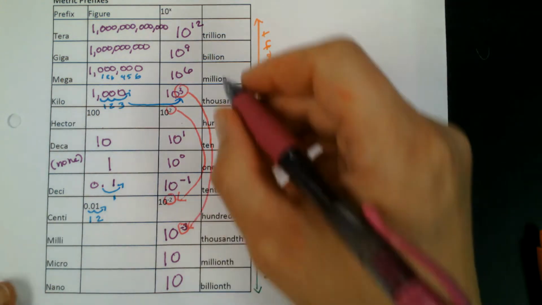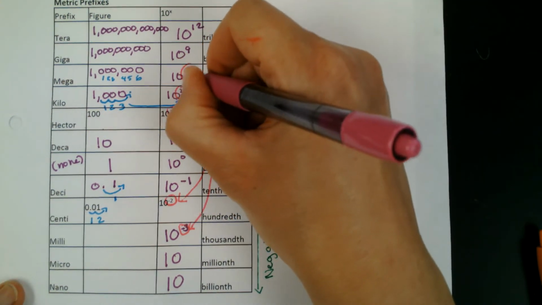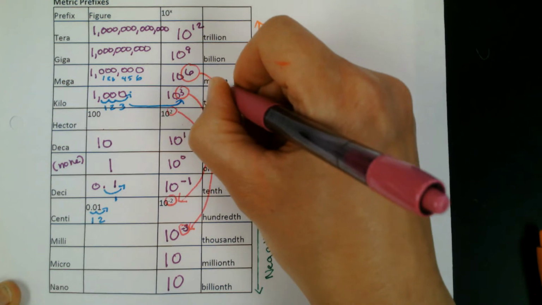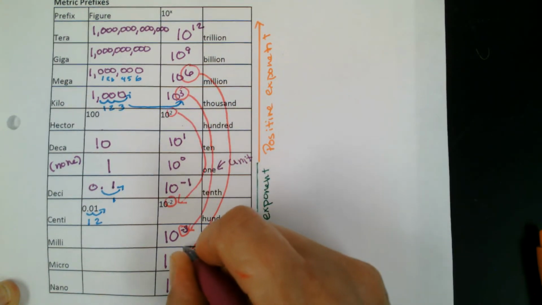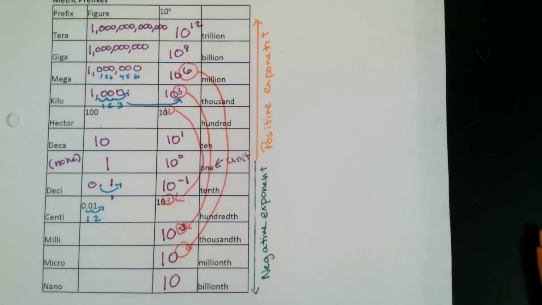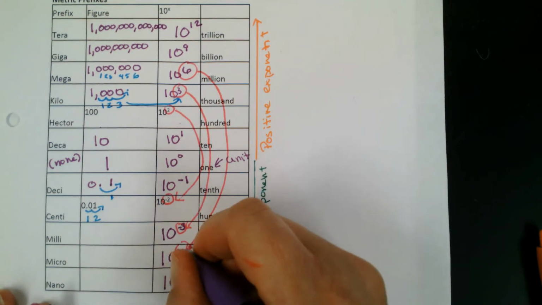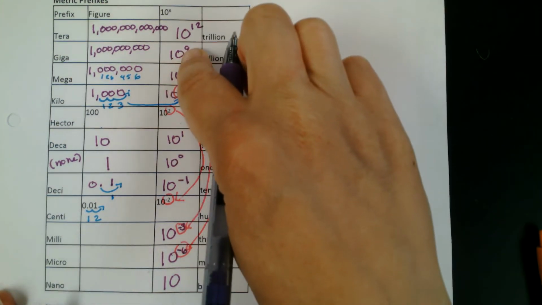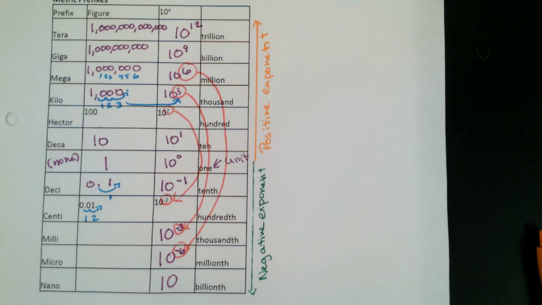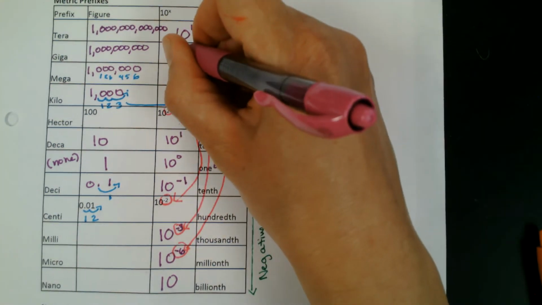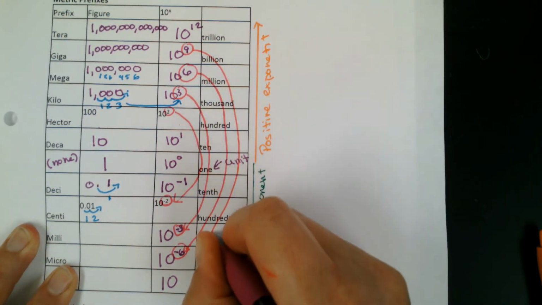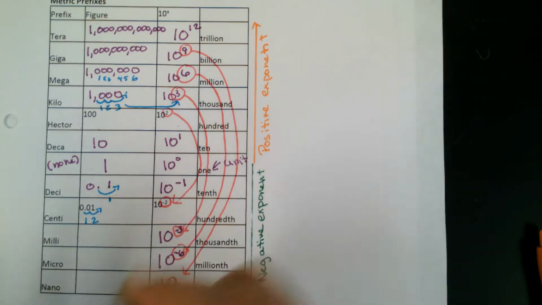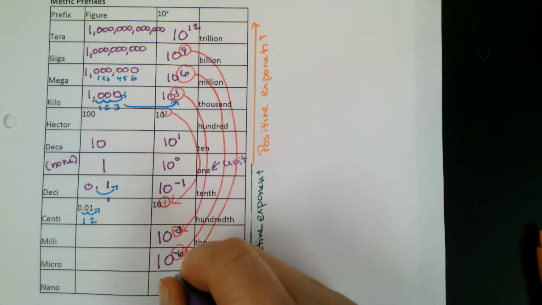When I have 1 millionth, 1 million is 6. So when I bring it down here, 1 millionth is going to be 10 to the negative 6. Same with a billionth. Billion is 9. And then I'm going to bring it on down. It's going to be 10 to the negative 9.